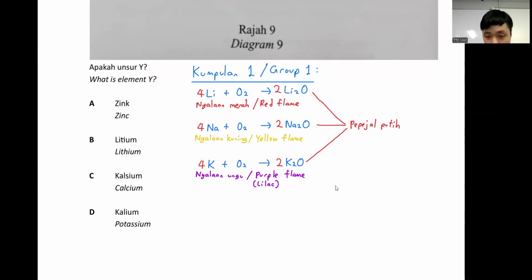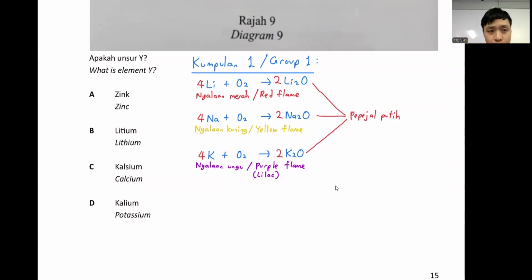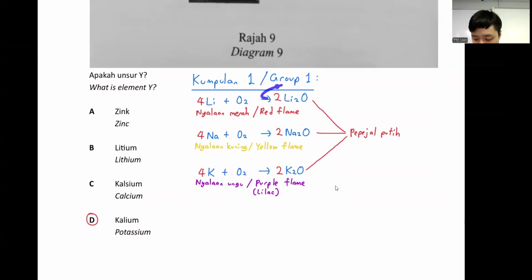This is also in my YouTube video experiment if you haven't watched. The answer is D, kalium. The product formed is a white solid.